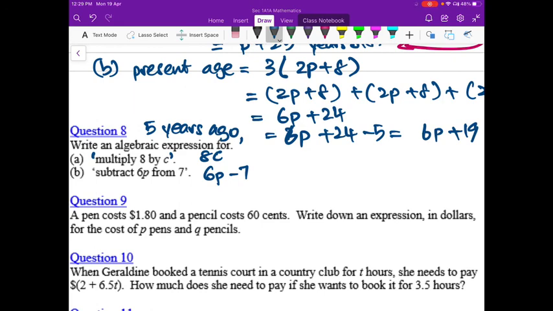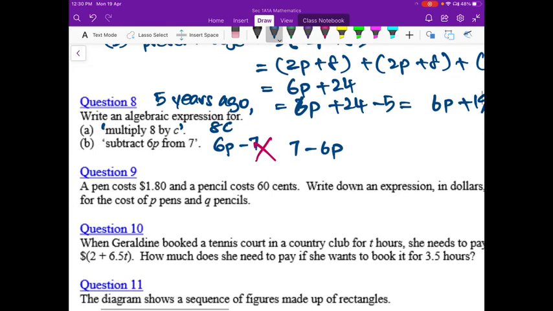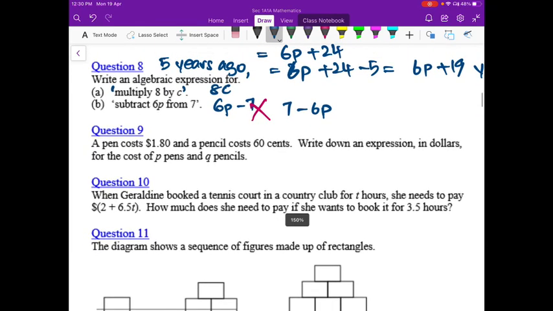Confirm? Why 7 minus 60? So from 7, you start with 7. Take away 60. Subtract.